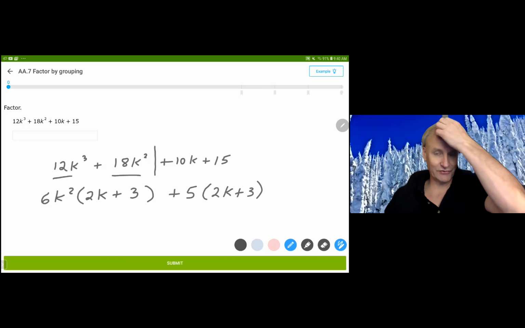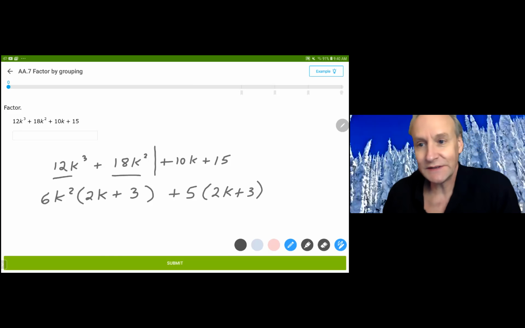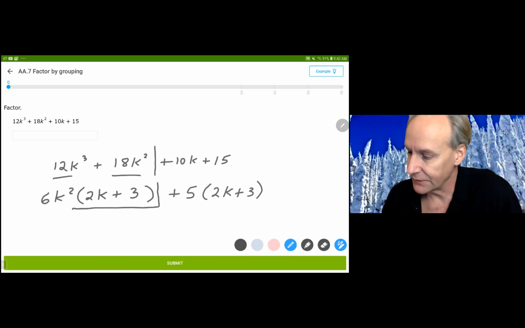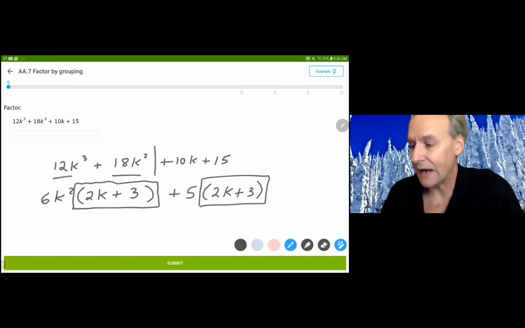Now comes the interesting part. What I want you to see is that if I'm factoring something, I take a common factor out of a multiplication. Well, here's my common factor. I am going to take this common factor out. This common factor is 2k plus 3.